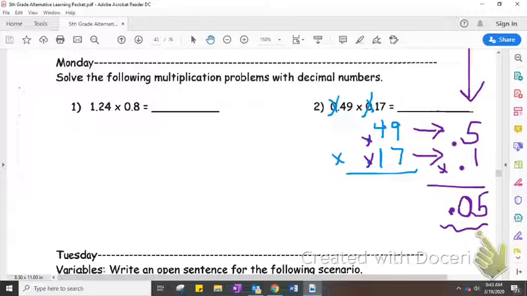Alright, 7 times 9 is 63. 7 times 4 is 28, plus the 6 makes 34. Because I'm pretending it's 49 times 17, I need to put a 0 here. Now I'm multiplying 1 times 9, but that's not really a 1, it would be a 10. 10 times 9 is 90, so I've got to put that 0 there.